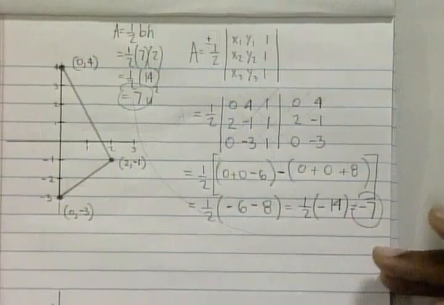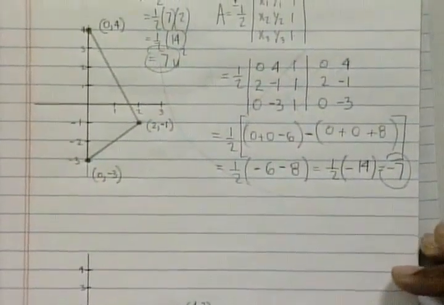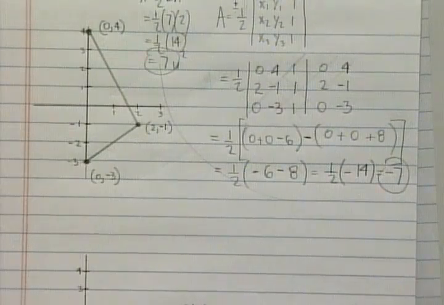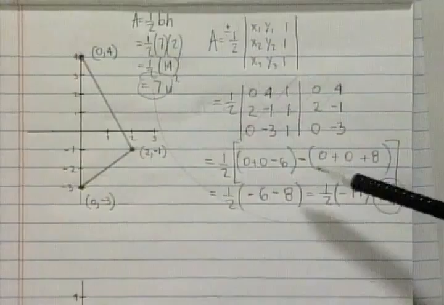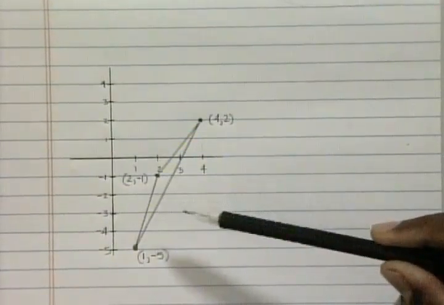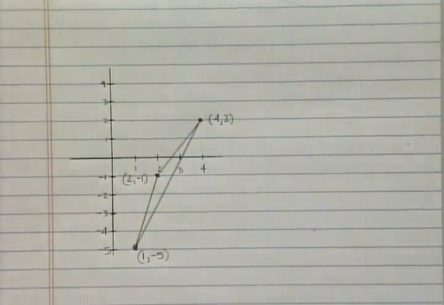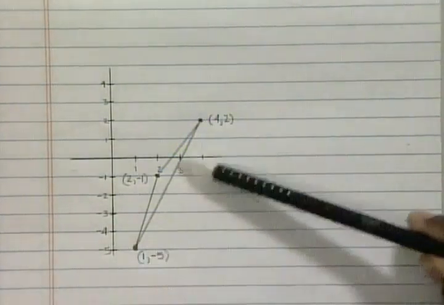We only have another 5 minutes in the show. So let's try to do this last problem using this technique, because if you try to use just basic geometry, it would be difficult. Not difficult, it would be somewhat.